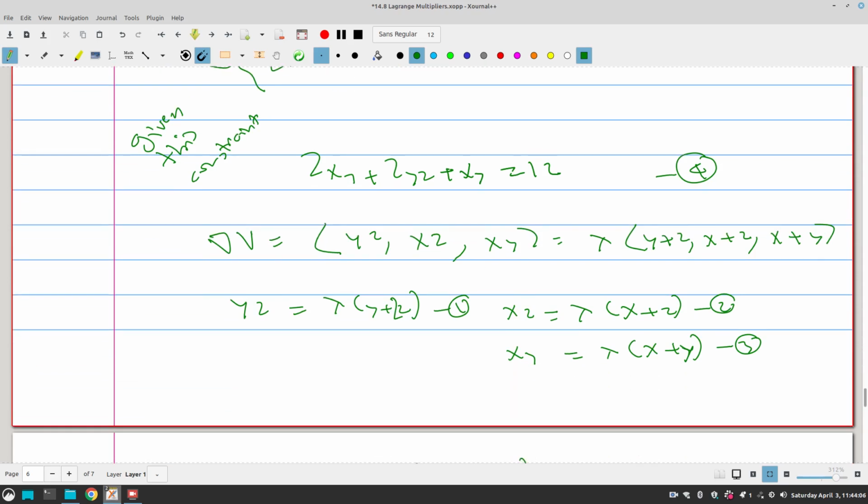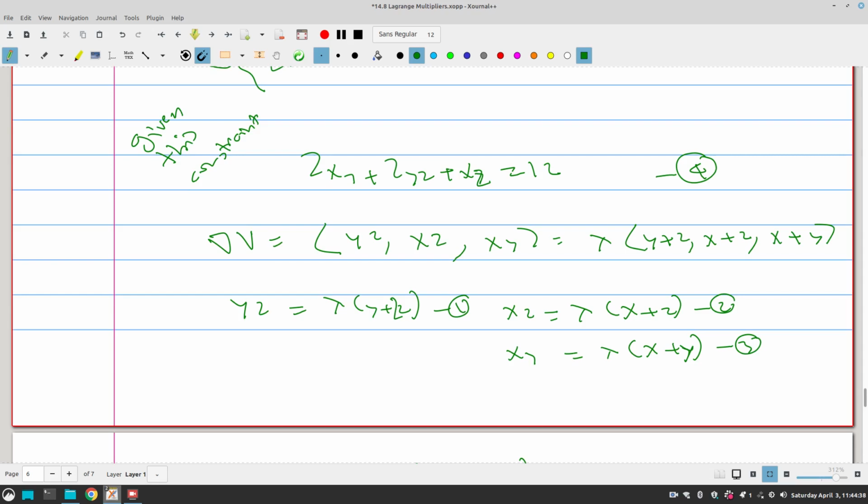And if you find a derivative with respect to x, of course this is xz, right? Sorry, this is not xz, this is xy.